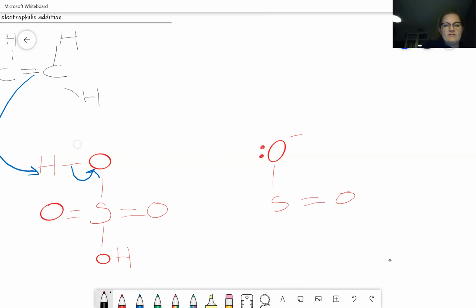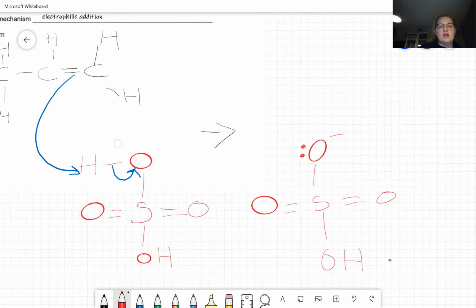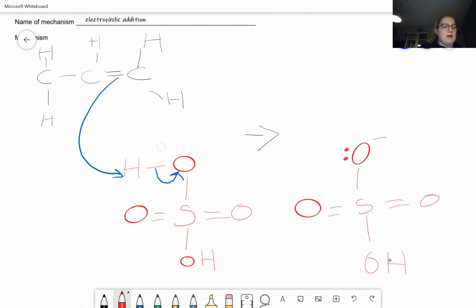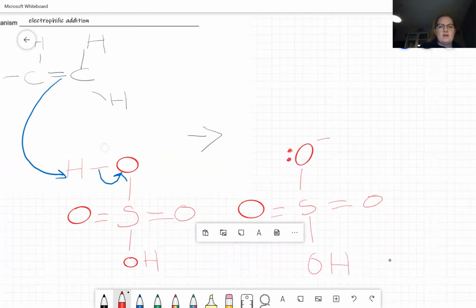Make sure you're drawing your arrow to say that's the next part of the mechanism. Then we can just draw on what's happened. We've had that addition of a hydrogen to our propene. So let's draw that on up here.